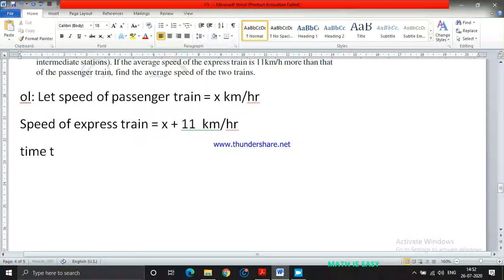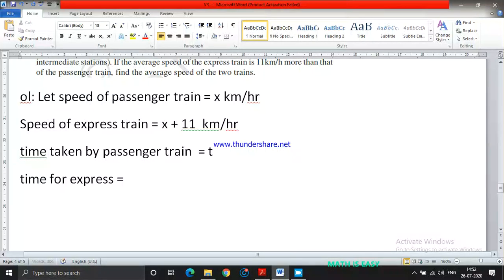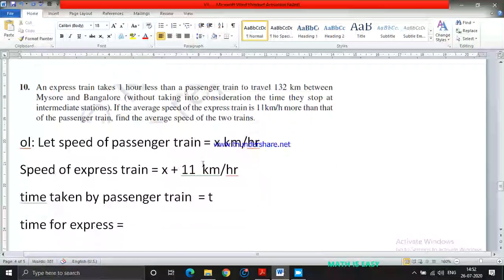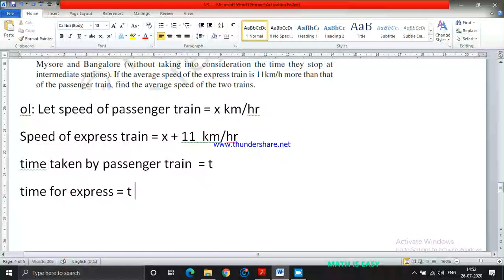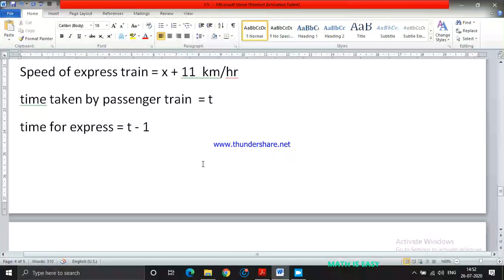Let me write the time taken by the passenger train is equal to t. Then the time for the express train is 1 hour less than the passenger, so that is t minus 1. The distance will remain the same for both the trains, that is 132 kilometers.